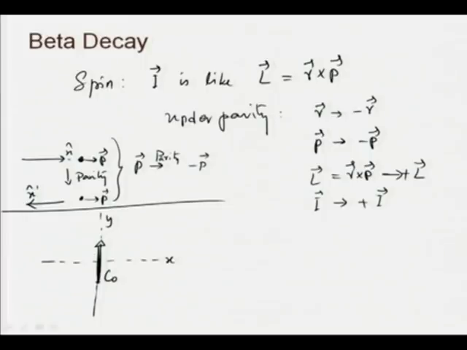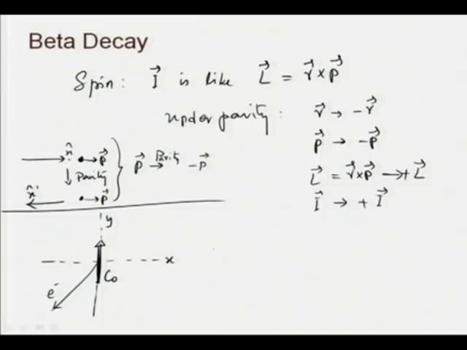And let us say there is an electron which is coming out in this direction in the third quadrant. Now, after the beta decay of the cobalt, it goes down to the nickel, nickel is also aligned in the same direction. So, electron is coming out in this direction anyway.